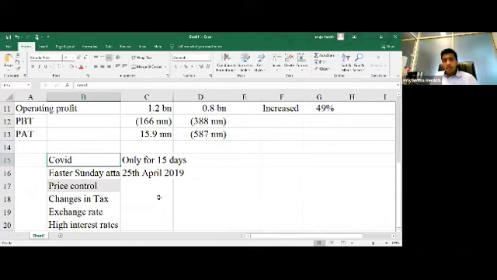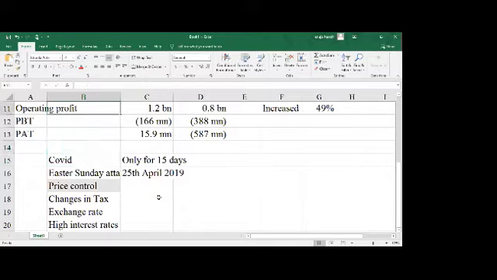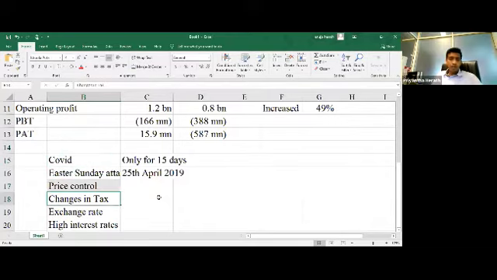What are the positive things? Only the tax thing was positive. Other than that, all others are negative for this hospital, except for taxes. So VAT reduced and also the income tax reduced.